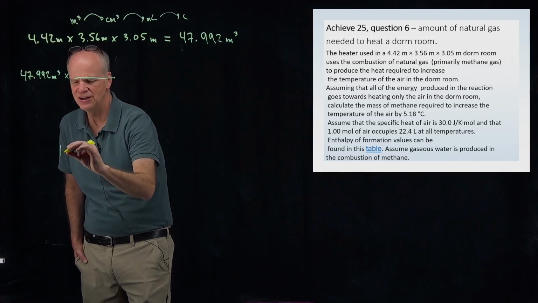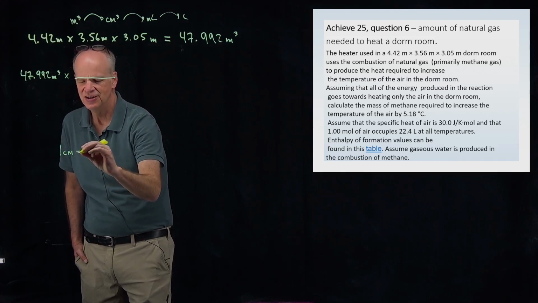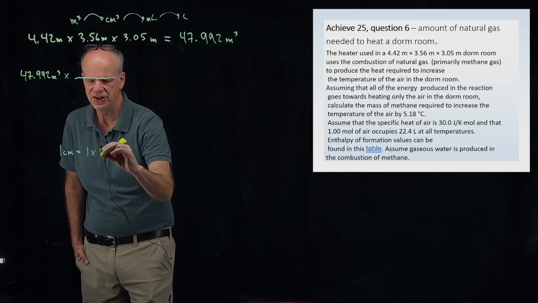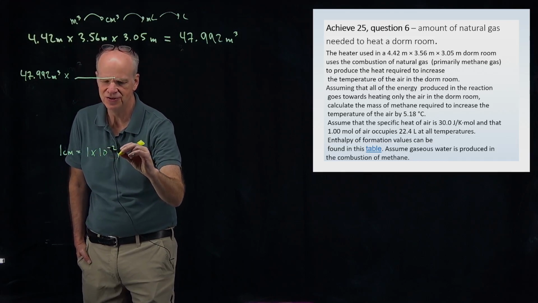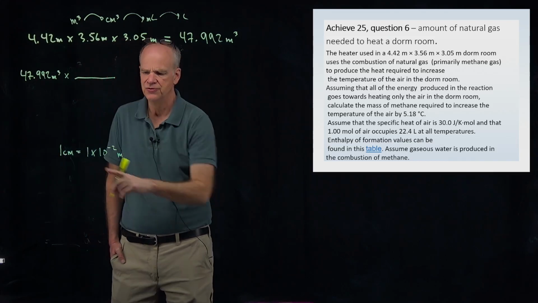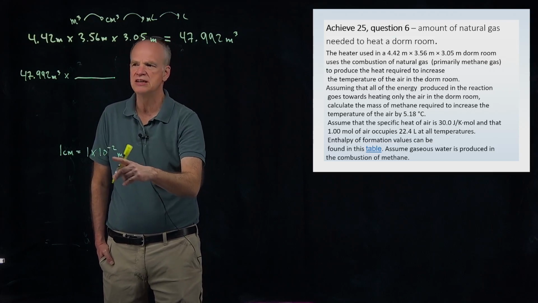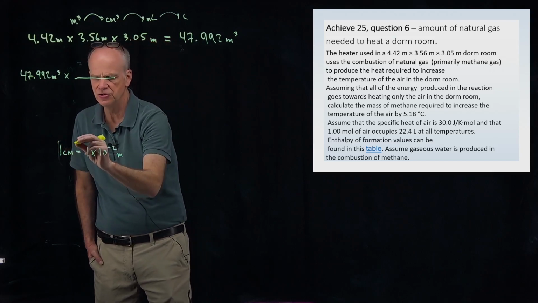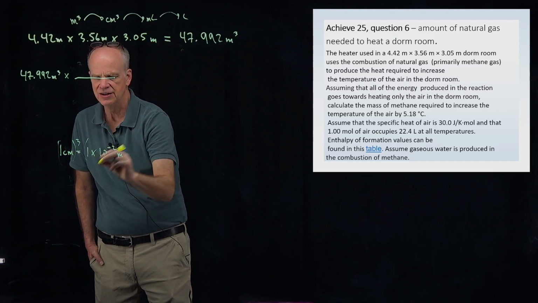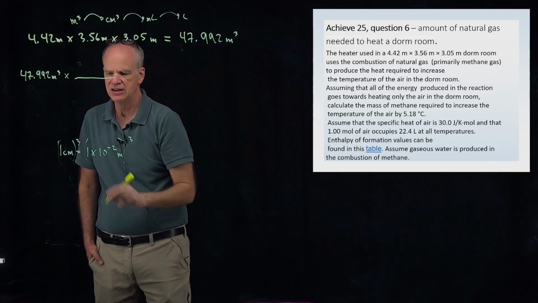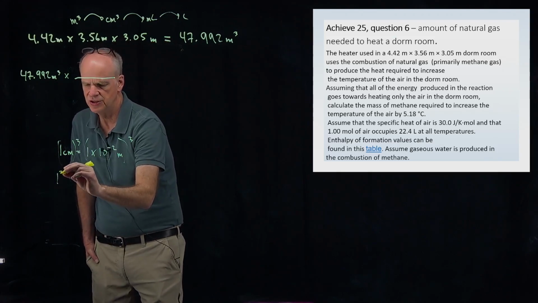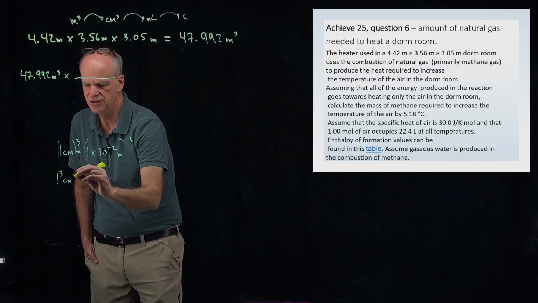So you have 1 centimeter is equal to 1 times 10 to the negative 2 meters. Okay, so this conversion is not good enough. We need cubed. So we have to cube the left side and the right side. And so it's going to be cubing the number and then cubing the unit.